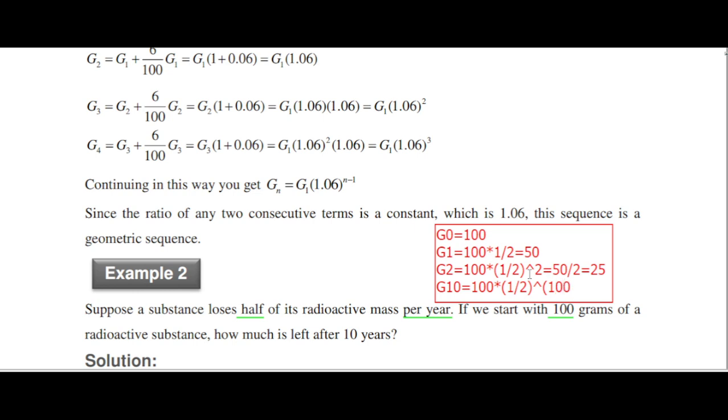This is equal to 100 over 2 to the power of 10.